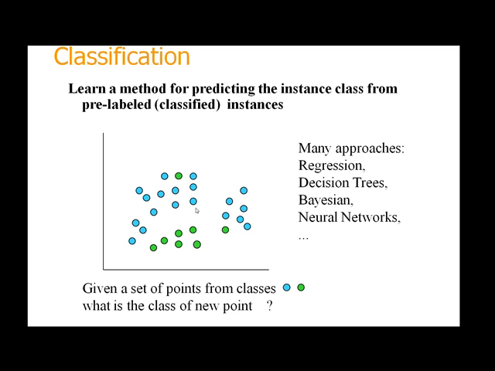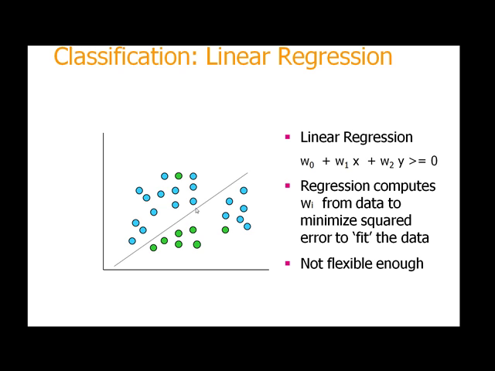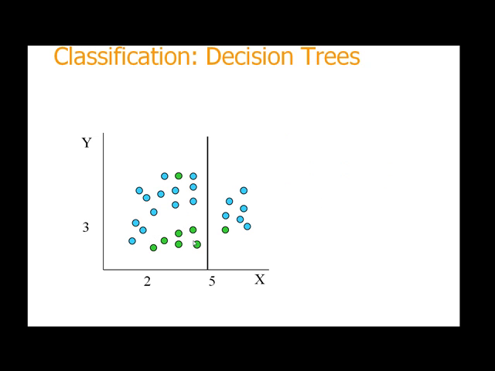And so the model, for example, could be just a linear model, and we talked about that, where you get just a line like this, and if it's above the line you might say it's blue, and if it's below the line you might say it's green. Okay, now that's not a very sophisticated model. And then we have more sophisticated models like decision trees, which will give you something like this.